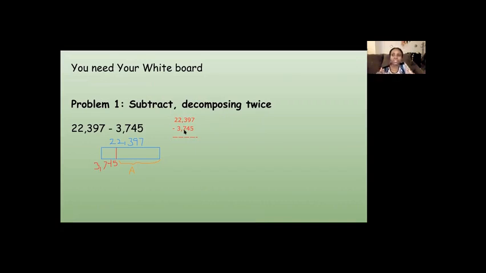Can we subtract? No, right? So we can turn this into 1 and make this 13, right? Make this 11. So now we're ready to subtract.